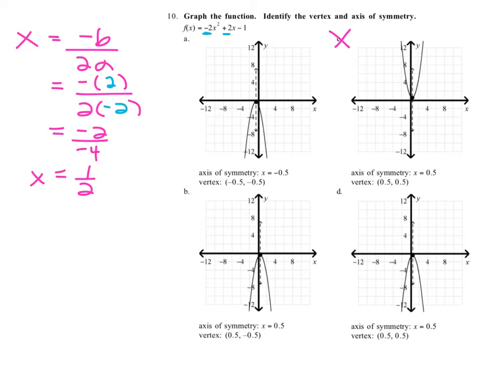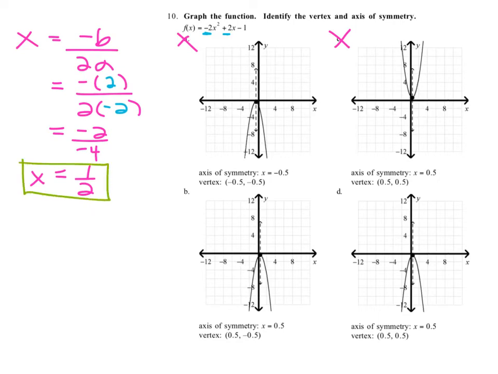That is a positive number for x, so that means that we should be on the positive side of the y-axis, the positive side of where the x's are positive. So what can I eliminate? I can eliminate A, because that already doesn't land on that axis of symmetry right here. That's below 0 for x, right? That's x is less than 0, some negative number. Okay. Let me just box this part out.